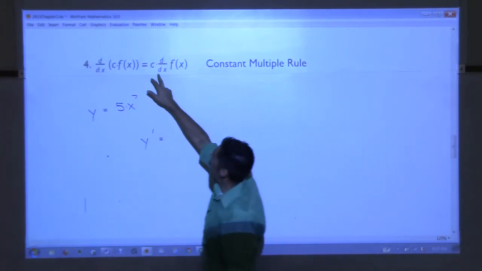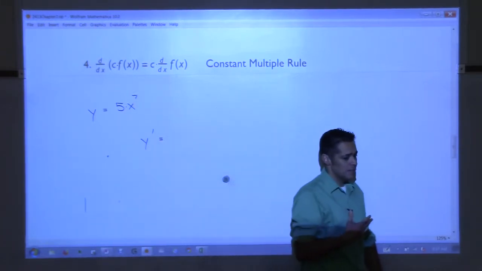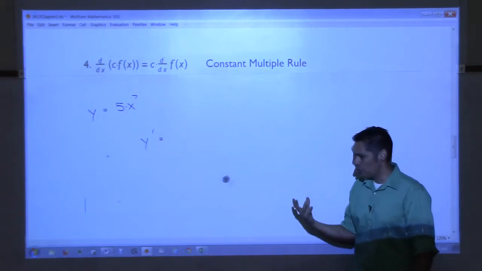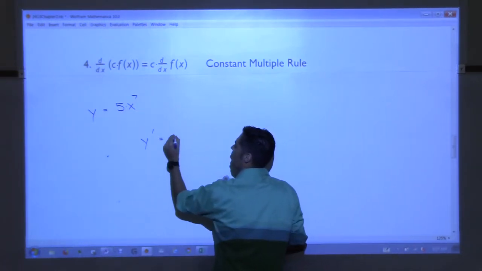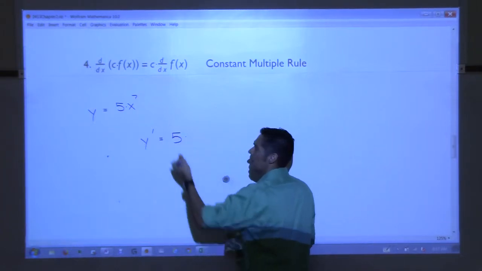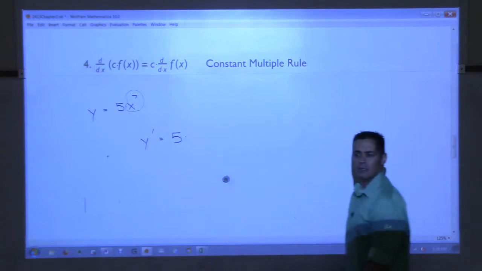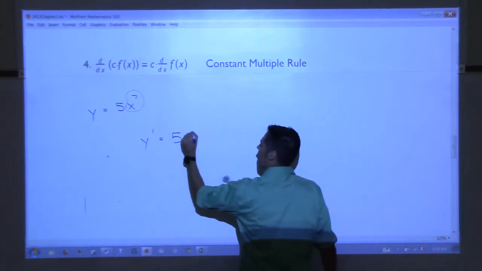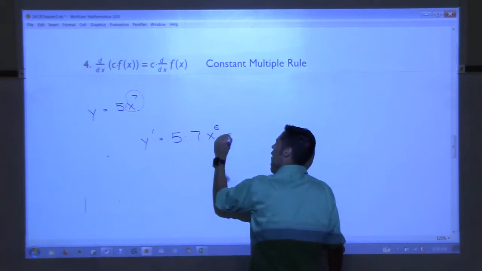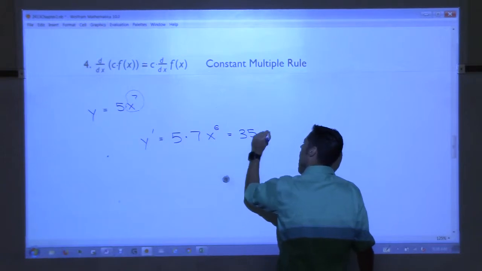What this property says is that the constant is just going to sit out front, and you're going to take the derivative of the function part. So I'm just going to bring the constant along for the ride. Here it is. There's my 5. It's going to come with me, and then I'm just going to take the derivative of that. And that's power rule. So 7x to the 6th power. And then you can multiply these. 5 times 7, 35. x to the 6th.